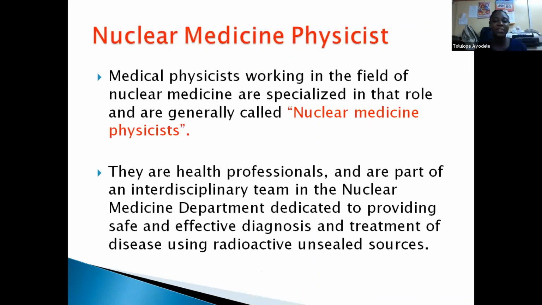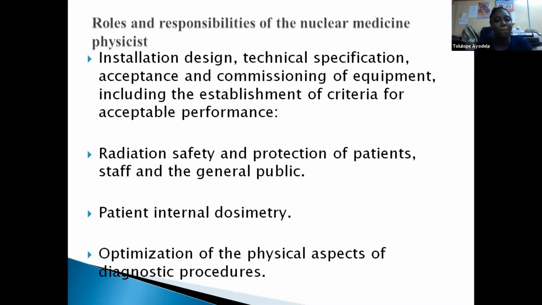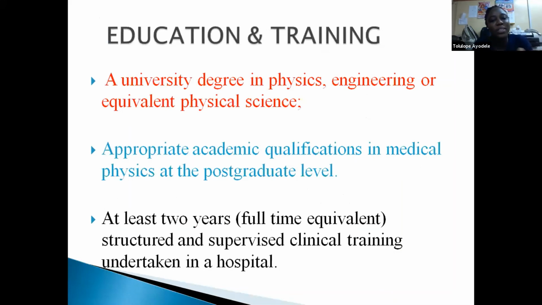A medical physicist that works in a nuclear medicine department is a nuclear medicine physicist. Let's look at the roles of a medical physicist in general. You can see we have dosimetry, image optimization, and radiation safety. The education and training of a medical physicist involves a university degree in physics, engineering, or physical science, though different countries have their minimum requirements.